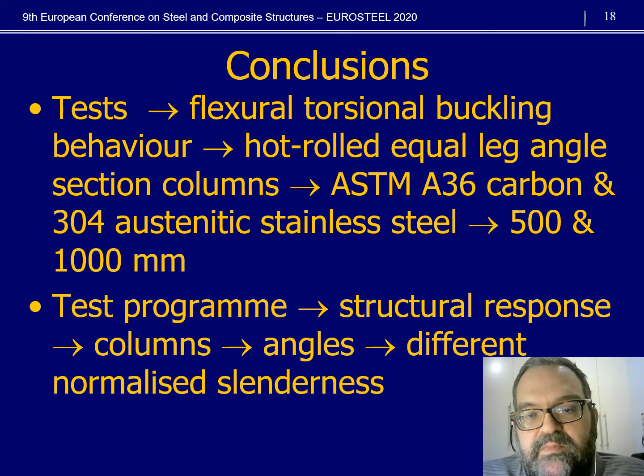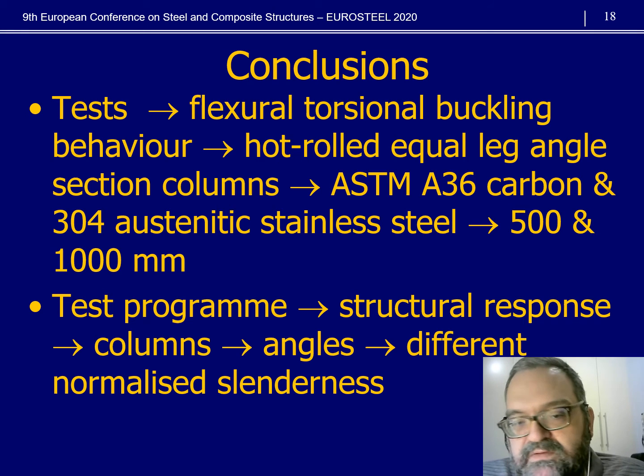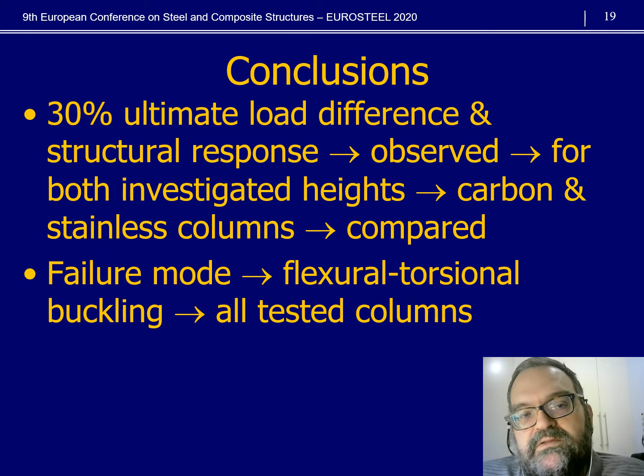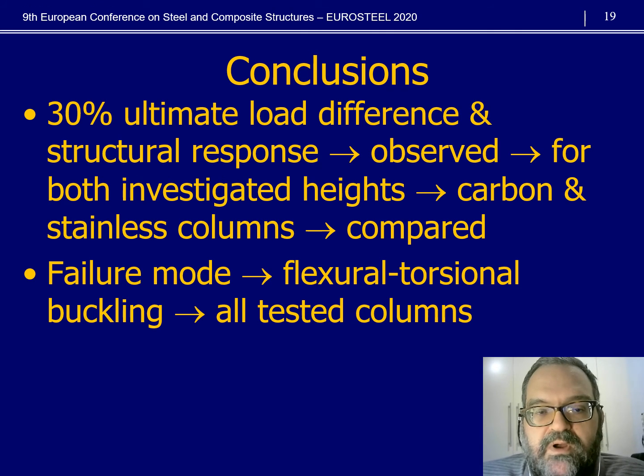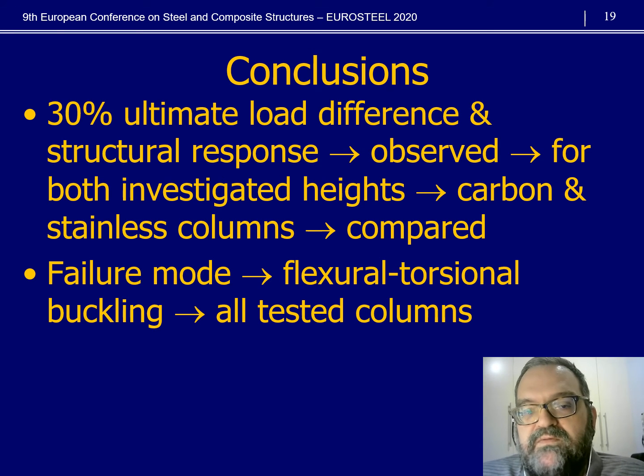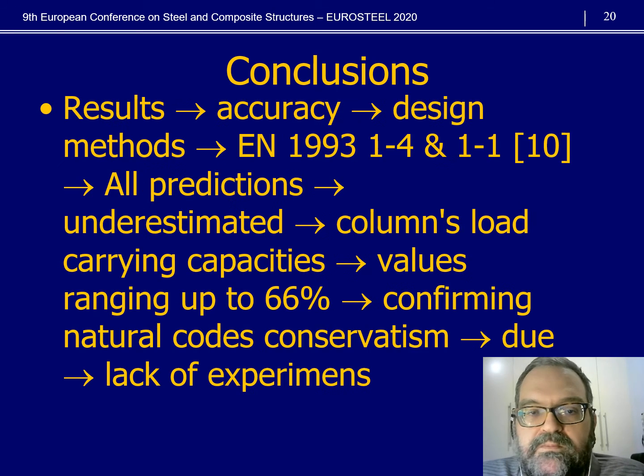The test program involved the structural response of these columns made of angle sections with different normalized slenderness. A 30% ultimate load difference in terms of structural response was observed for both investigated heights when we compare carbon and stainless steel columns, and the failure mode for all tests was the flexural-torsional buckling.